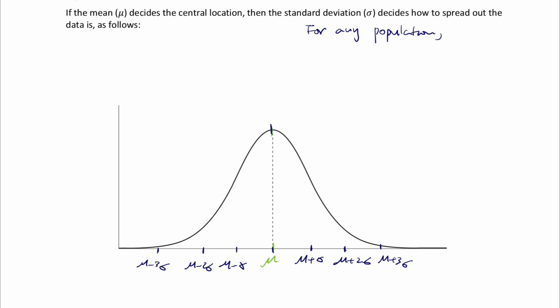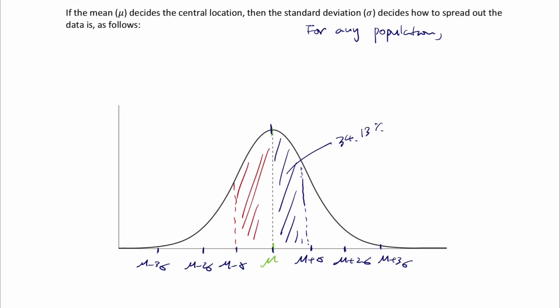So we can say that if we move one standard deviation away from the mean, we have an area of about 34.13%. Same thing on the other side. If we subtract one standard deviation from the mean, we have an area of about 34.13%.